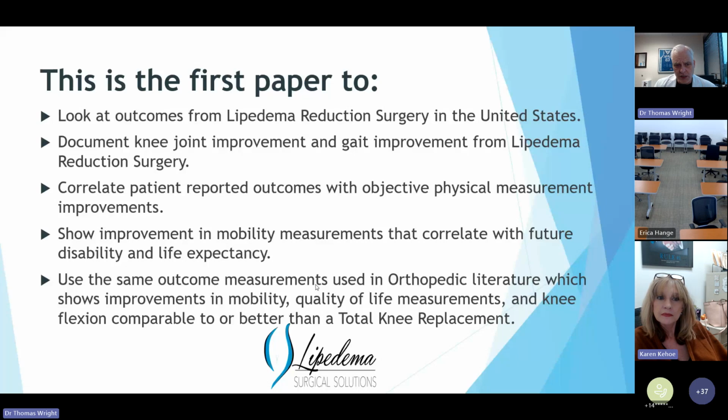It shows improvement in mobility, and uses the same measurements that are used in orthopedic literature to show the mobility and knee flexion, etc. And so I chose the measures that we followed in this study and paper to reflect those that are also followed in a total knee replacement. So we can kind of compare the results of treating the lipedema in the leg versus a total knee replacement.